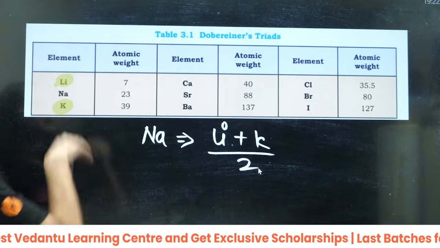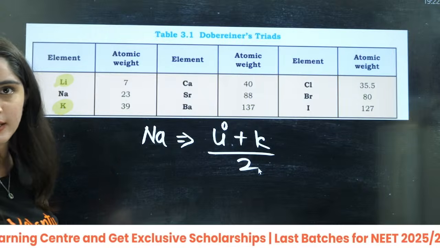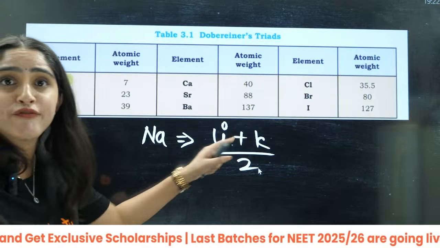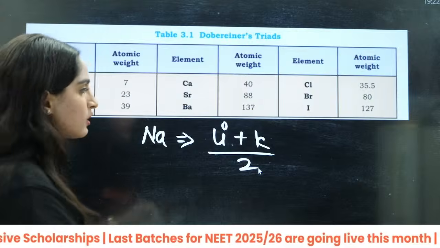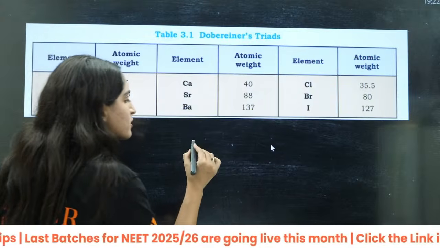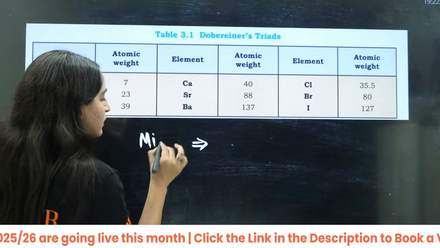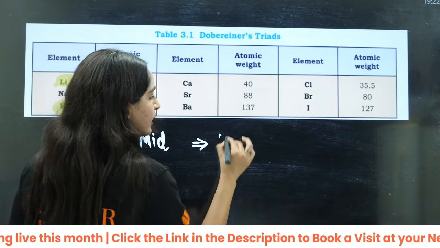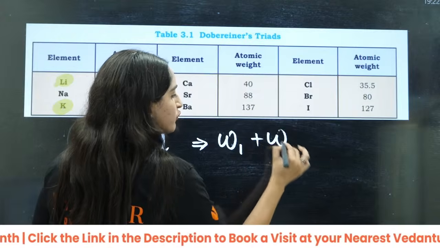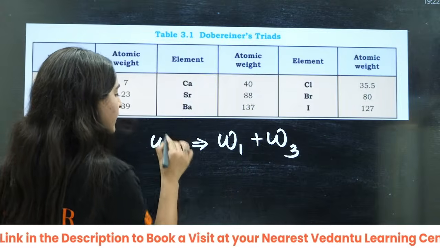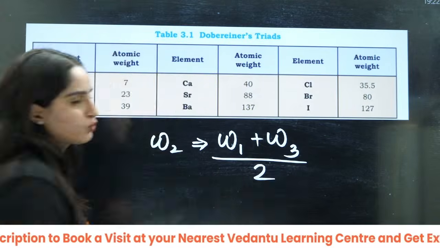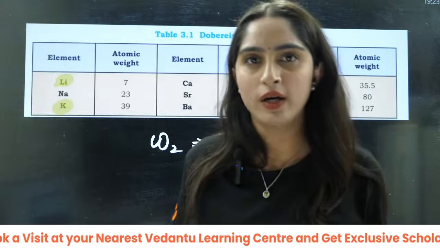That means the mass of the middle element equals the average of the first and the third element. So in generalized form, we can write it here: the weight of the middle element is the weight of the first plus the weight of the third, divided by 2, or W2 = (W1 + W3)/2. That is the simple thing that he told.